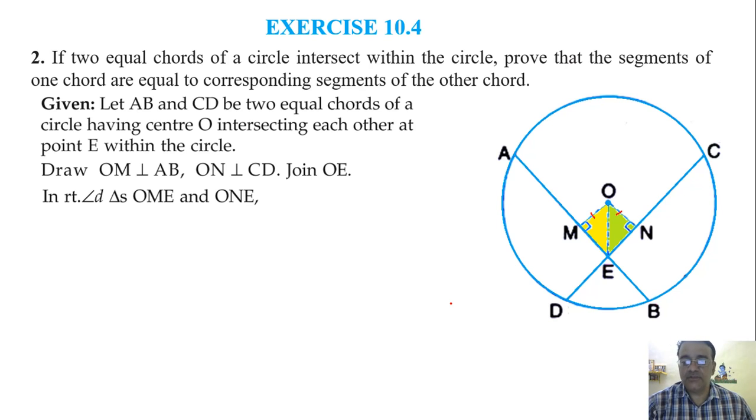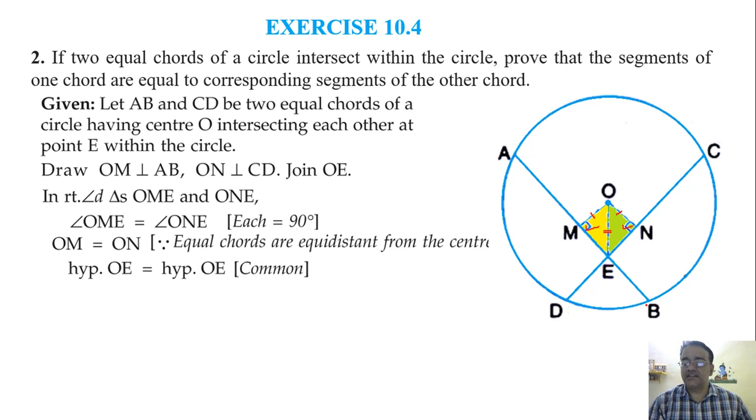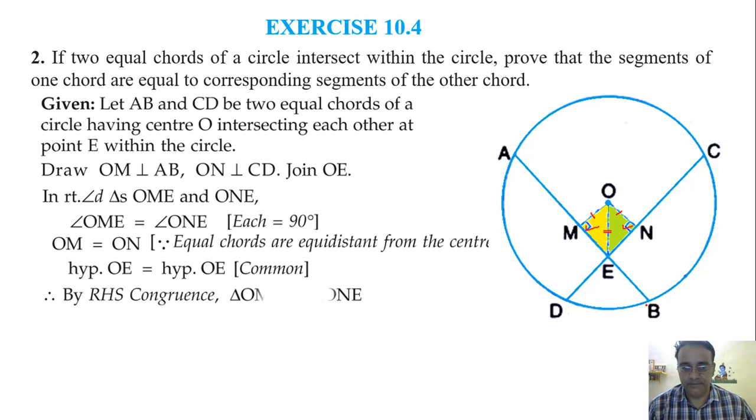And OE is common, and these two angles are each 90 degrees. So these two triangles are congruent by the RHS congruence rule. Now, if these two triangles are congruent, ME is equal to NE by CPCT.